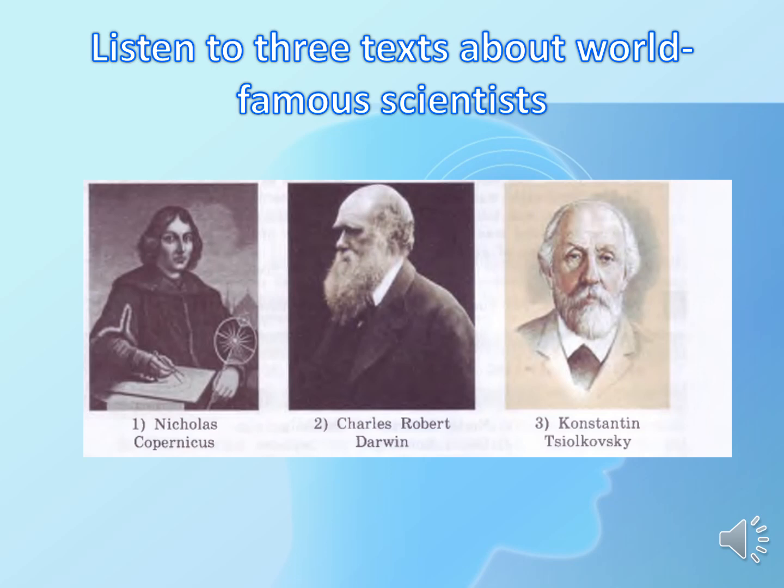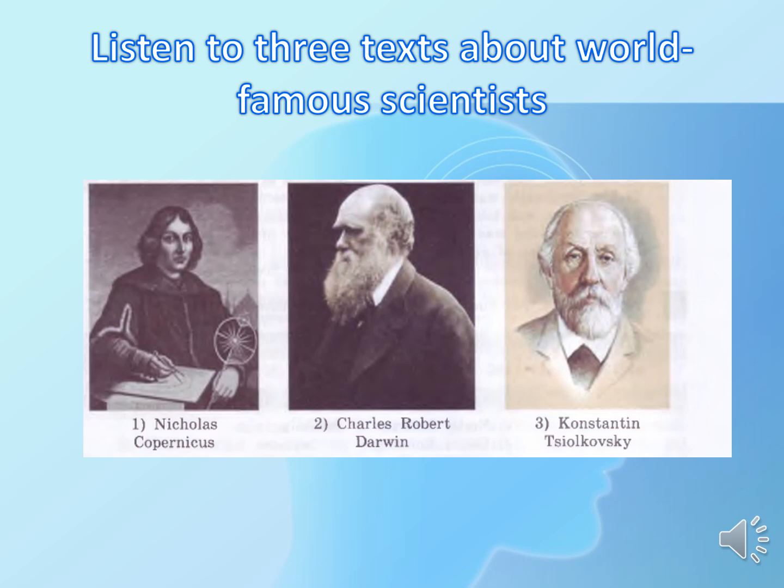3. Konstantin Eduardovich Tsiolkovsky, a great Russian scientist, was born in the city of Izhevsk in 1857. When he was 9, the boy fell ill, and as a result he was not able to hear well during his life. 4 years later his mother died. The boy had to study himself at home. His only friends were books. At the age of 16, he was sent to Moscow, where he studied chemistry, mathematics, and astronomy.